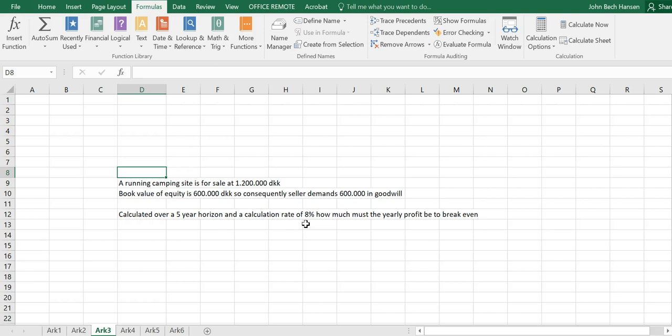Or perhaps if we have the money, we could place it in another investment where we could also have 8% payback.